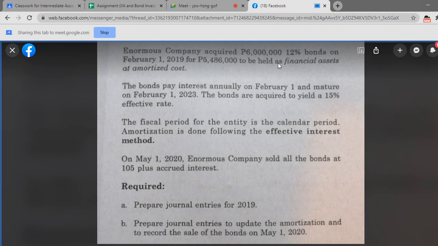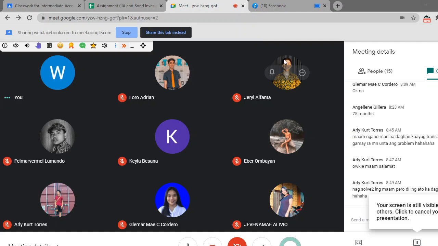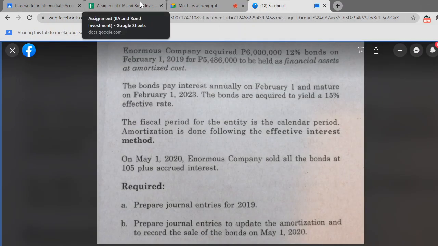Yes, discount. Kasi dapat mas malaki si effective. On May 1, 2020, Enormous Company sold. Ayoko tong mga nagbebenta-benta. Nagbebenta ng bonds, hindi mapanindigan. Sige. So, let's prepare journal entries.